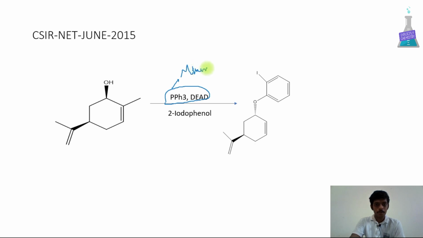This wedge will be converted into dash, and the 2-iodophenol structure is this one. This H is replaced by 2-iodophenol. That's all, a very simple reaction.